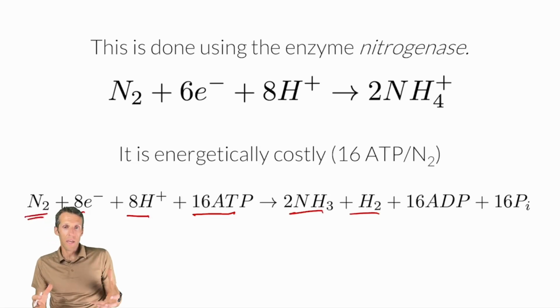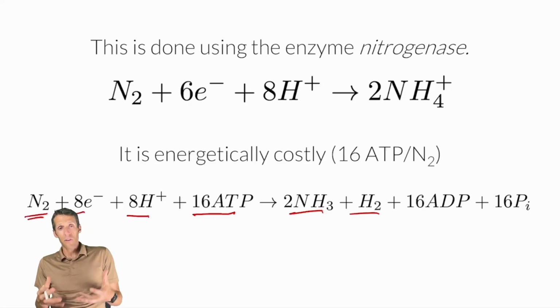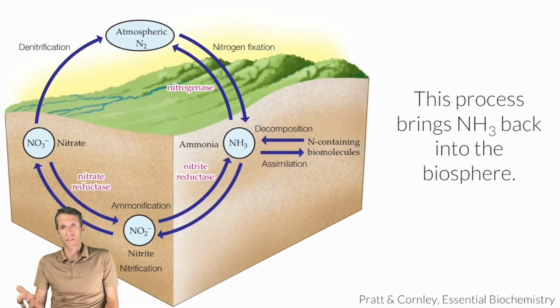So it's extraordinarily energy expensive, but for an organism that's limited in their nitrogen, this might be the thing they have to do. So they invest a bunch of energy in this ammonia formation or this nitrogen fixing of it. And so what this then does is it brings ammonia back into the biosphere so that you and I can use it rather than having to try to somehow extract and build nucleic acids out of N2 gas.